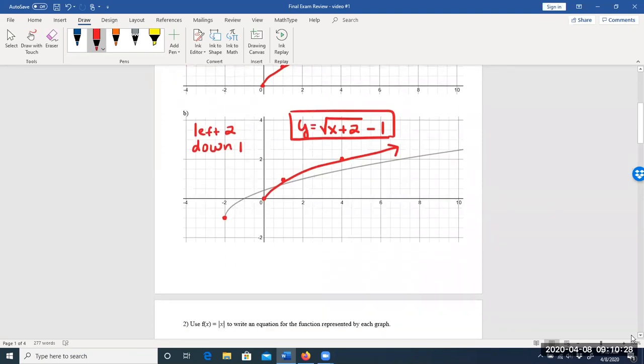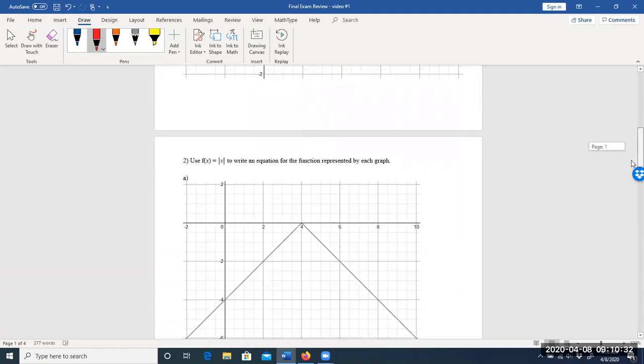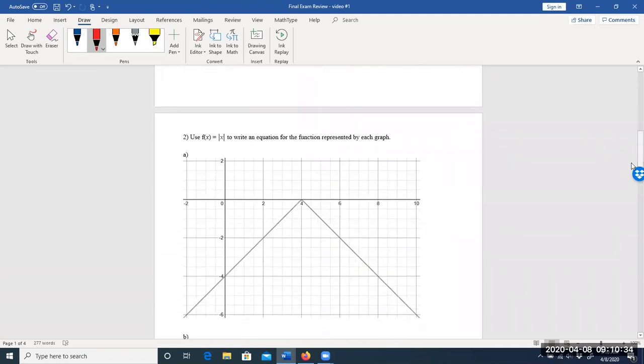Number 2 is very similar to number 1, but we have a different parent function. So now we're looking at f of x equals absolute value x. Let's make a t-chart for this one.